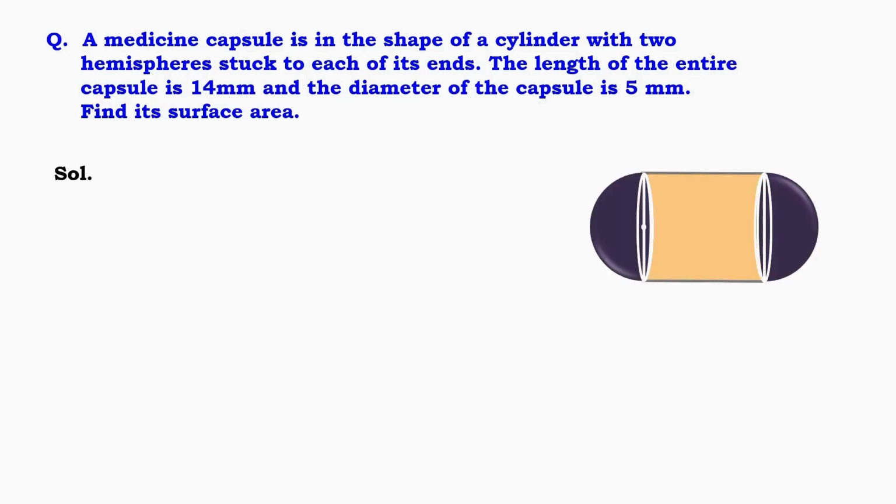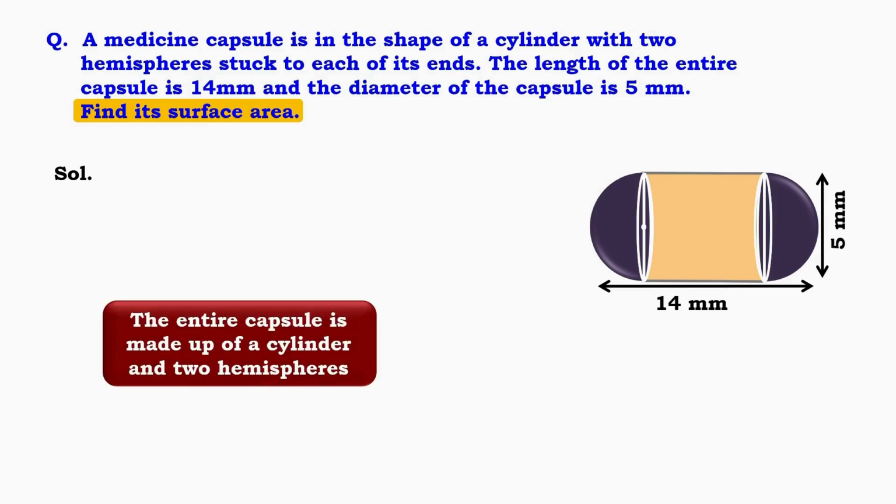So that means it will look something like this, like a cylinder with a hemisphere at each end. The length of the entire capsule is 14 millimeter. So this is the cylinder and these two are the hemispheres, and the entire length is given as 14 millimeter. The diameter of the capsule is given as 5 millimeter. Find its surface area.